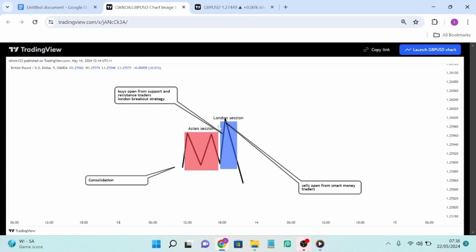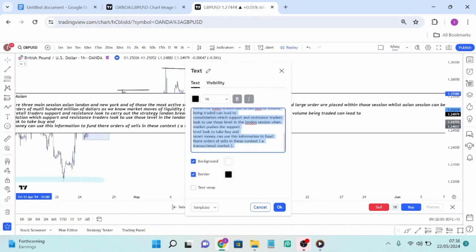Because it pushed through the area of resistance, retail traders look to take buys. They open their buy positions, and then sells open. Now smart money have enough liquidity to sell the market. As simple as that. The market looks to probe, stop hunt individuals, and manipulate the market to use its liquidity to fund their own orders.